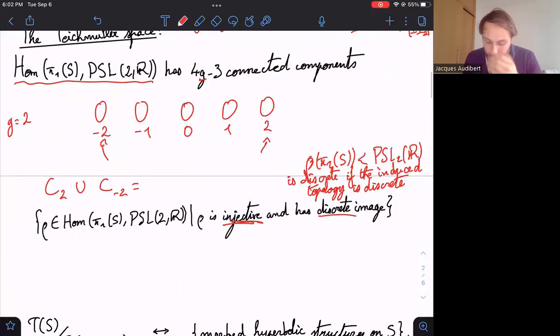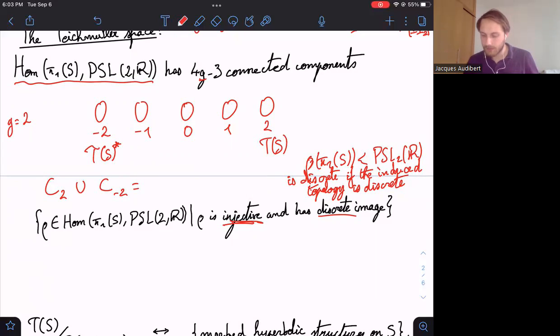Okay, so those two spaces, C2 and C minus 2, we call them Teichmüller components. So this is the Teichmüller component of S, and here I'll denote the other Teichmüller component of S, the one labeled by minus 2. They are exactly the same, except that you go from one to the other by conjugating a representation by an element in GL2R.